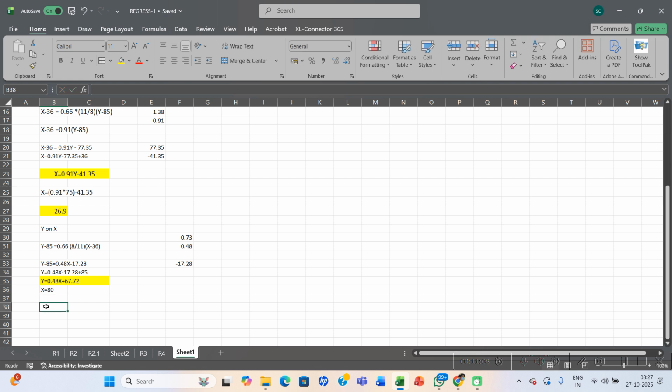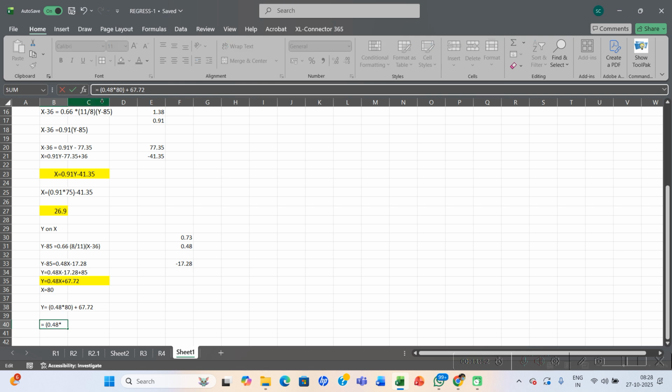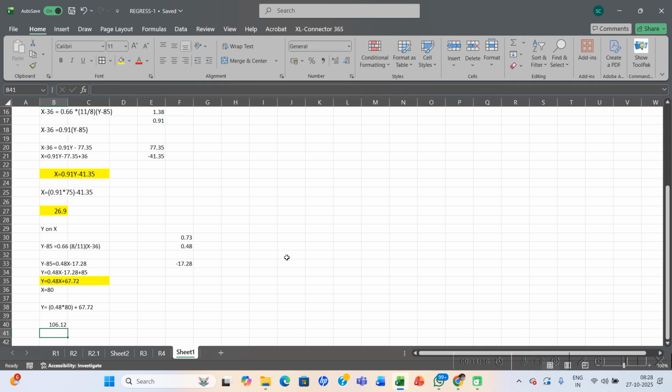This equation becomes y equal to 0.48 multiplied by 80 plus 67.72. So this is the answer.